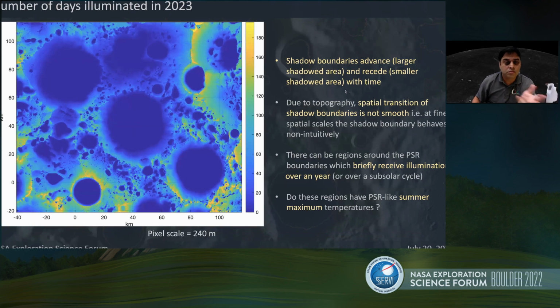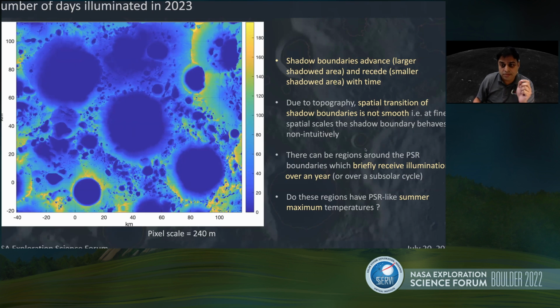We already showed that the shadow boundaries advance and recede with time, right? The spatial transitions, as I was saying, will not be smooth. So you might see light coming in here, and then you don't see it, and then suddenly you'll see light here, right? That's because of the topography. And sometimes it is very non-intuitive, unless you follow the topography and look carefully.